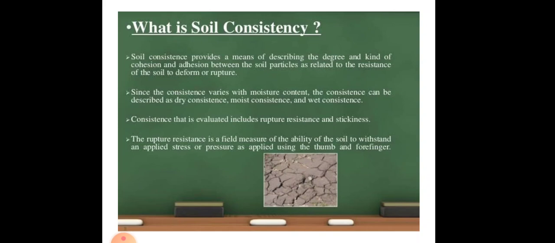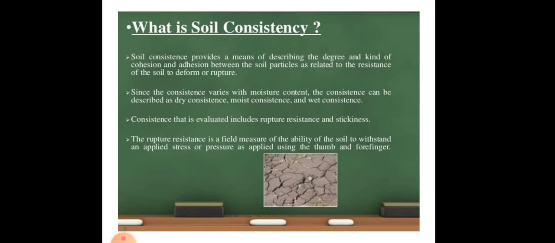Soil has more stickiness, and this consistency depends upon the moisture percentage present in the soil. On the basis of that moisture percentage, this consistency is classified as moist consistency, dry consistency, and wet consistency. If the moisture is minimum or negligible, that consistency is called dry consistency.